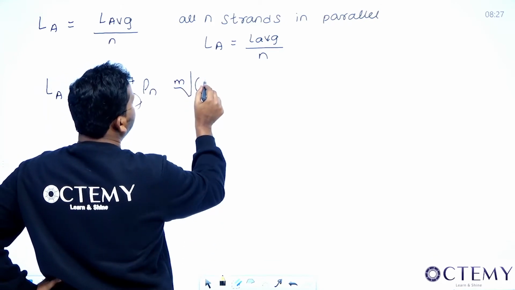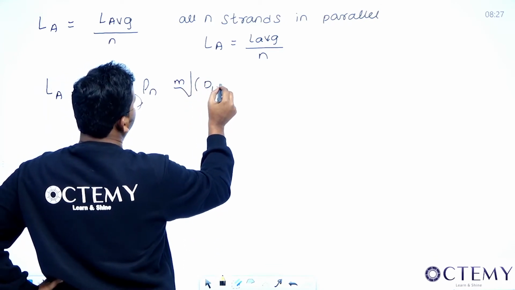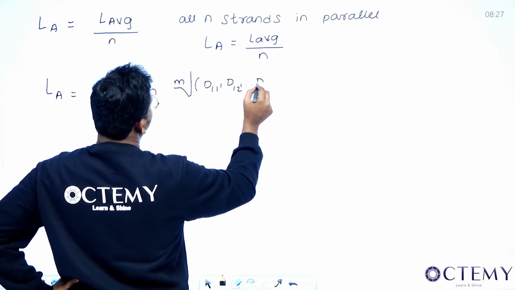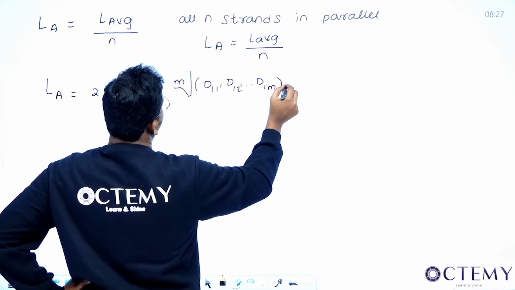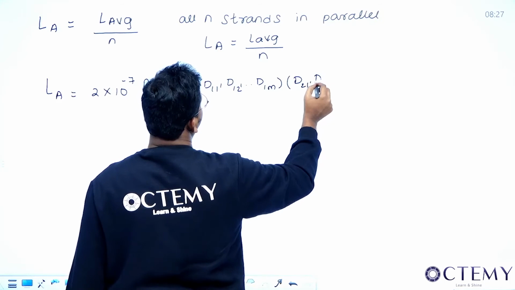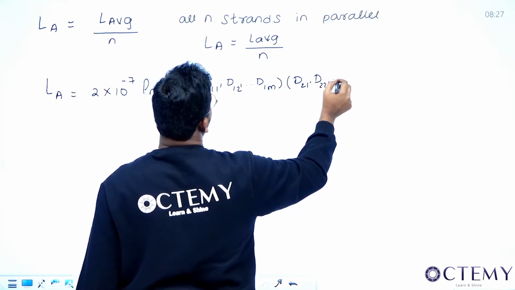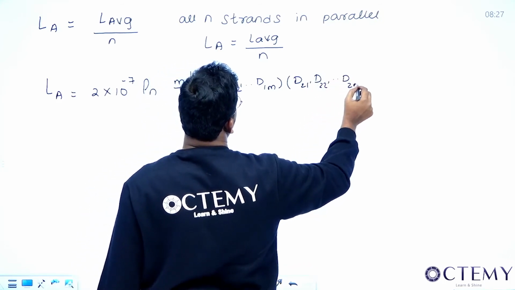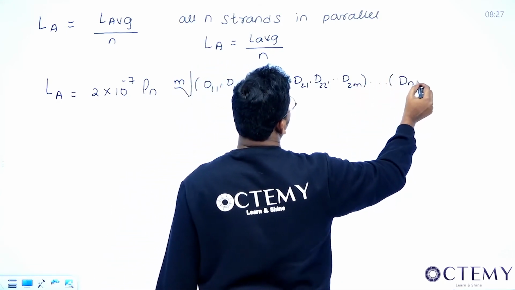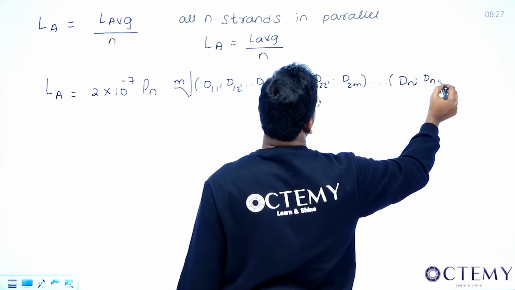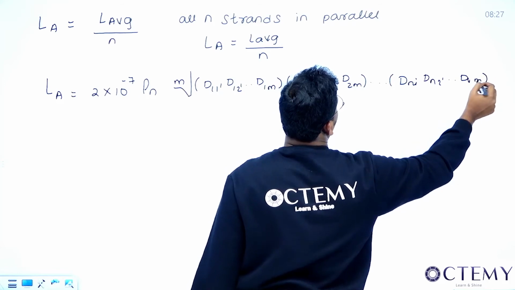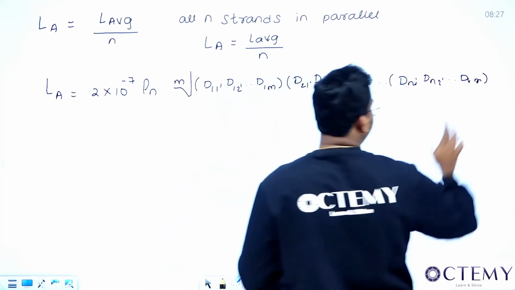The first term is the distance between 1 and 1 dash, distance between 1 and 2 dash, and then so on, distance between 1 and m. Similarly, distance between 2 and 1 dash, distance between 2 and 2 dash, and then so on, distance between 2 and m, and then so on, distance between n and 1 dash, distance between n and 2 dash, and then so on, distance between n and m, right?